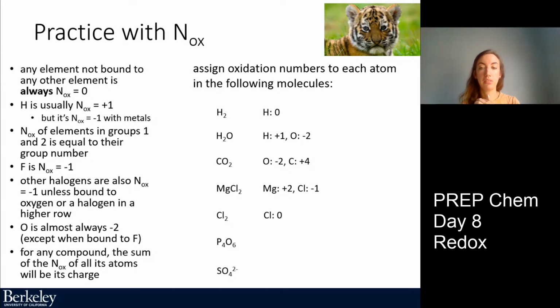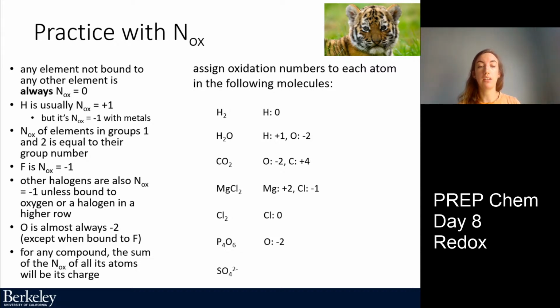These last two get a little bit tricky. So for P4O6, my rules say that oxygen is almost always -2, except when it's bound to fluorine. Phosphorus is not fluorine, so oxygen is definitely going to be -2. So that part's easy. And then we need to use our last rule.